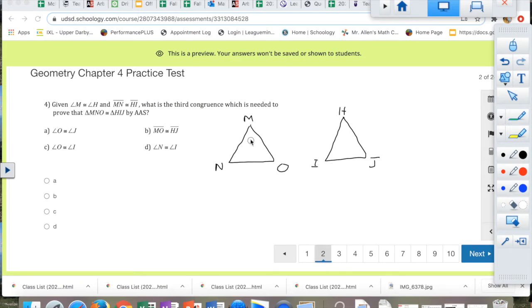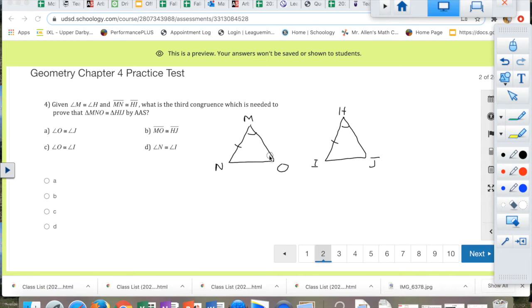So it says angle M, so I'll mark one arc for M is congruent to angle H, and MN, this side, one tick mark, is congruent to HI, one tick mark. Now it's got to be angle, so I can't put my angle here because then it would be angle, side, angle.